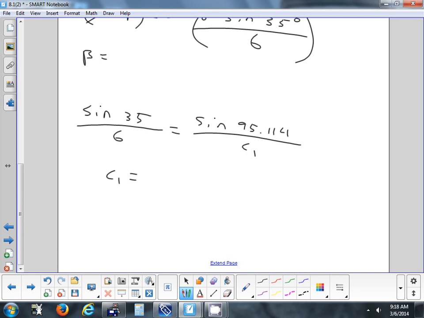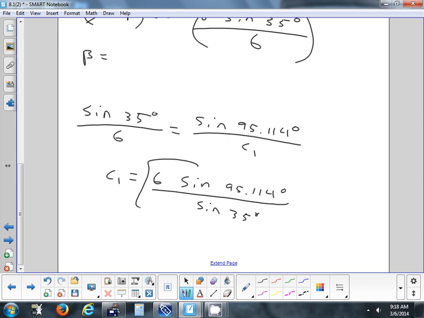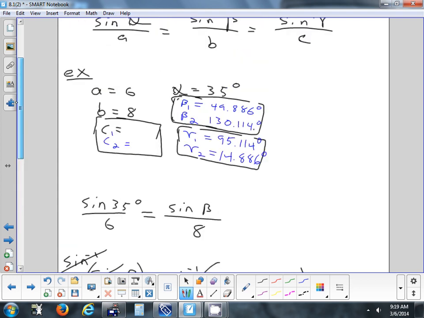You can give me if you did it out, or just tell me what times what, divide by what. Yep, over sine 35. Okay, so we need to do that out. We'll do it to 3 decimal places. Generally, I don't like to use an angle that's rounded, but we did it to 3, 95.114, so it's not going to throw our answer off that much. 10.419.